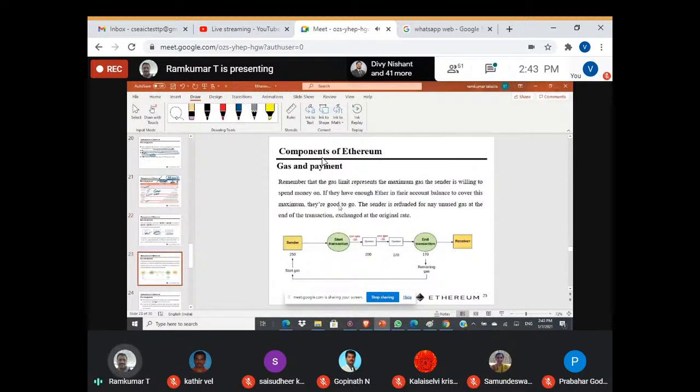Next, I'm talking about how we are paying right now, taking two scenarios. One is paying from the sender to the receiver. If I want to complete my transaction, I have to do two steps, and to complete them it requires some gas. I'm providing 250 gas.